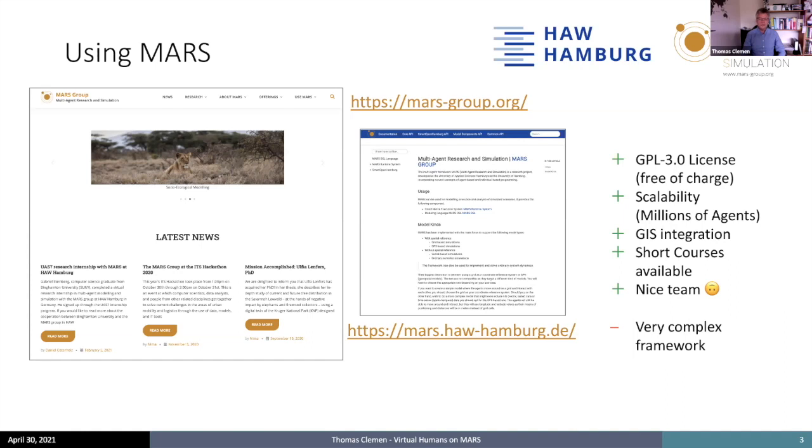The interesting part was, so the main idea was, as said, to provide a platform to run really large-scale multi-agent system scenarios. And just to give you an impression, the biggest model we have developed yet was on 2 billion individual agents.